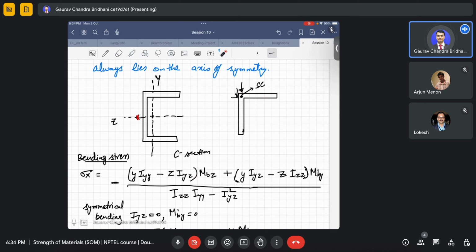Okay, so if we go to the engineering mechanics course, the first level course, there is something called principal axes also. So these are actually the principal axes. These are not the principal axes actually, basically.